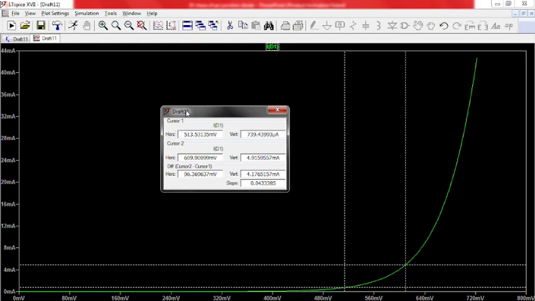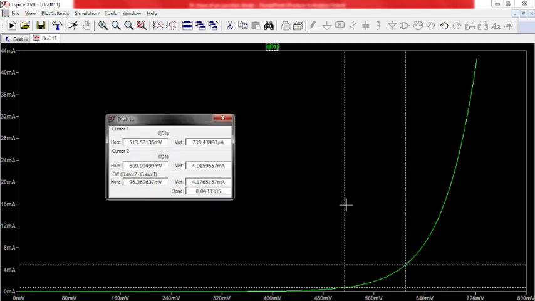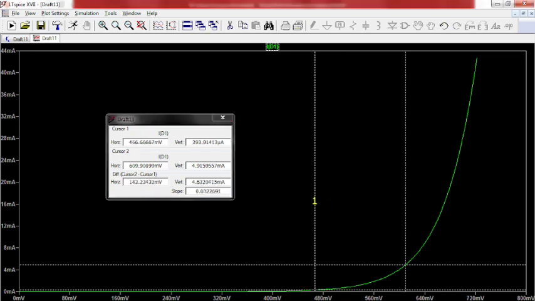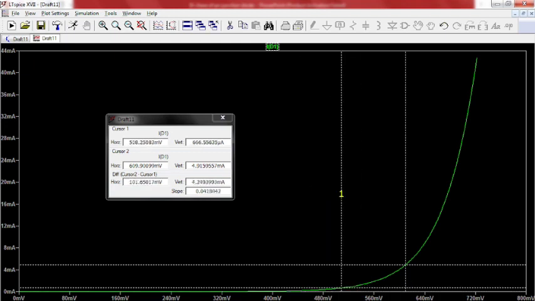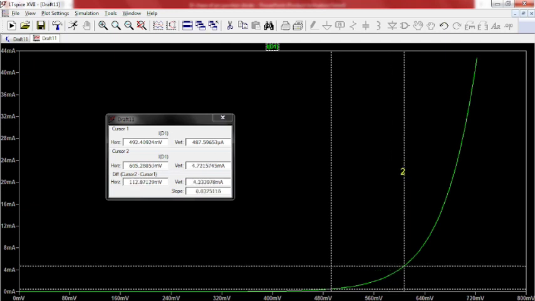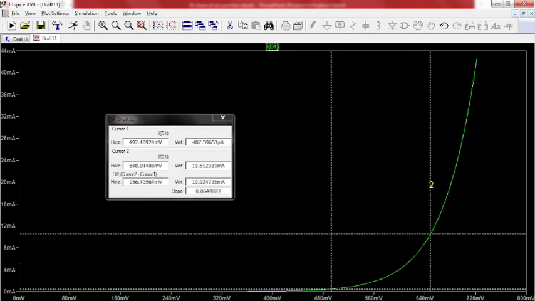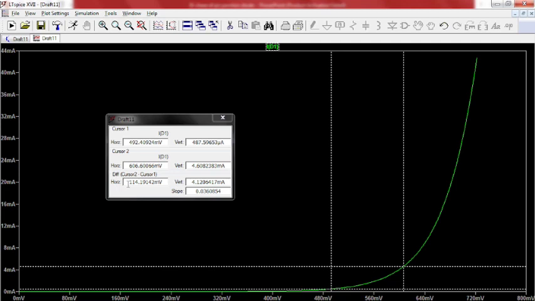The voltage and current values of both cursor 1 and cursor 2 are available in this table. If we move the first cursor, you can check that the cursor 1 current and voltage are changing. Similarly, if I move cursor 2, you can check the voltage and current values of cursor 2 changing.